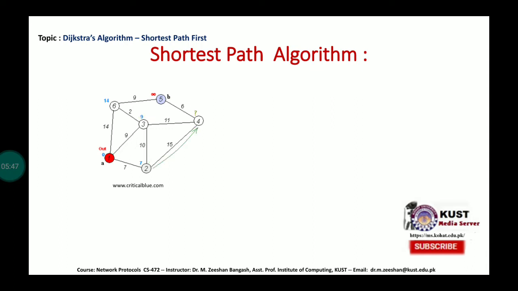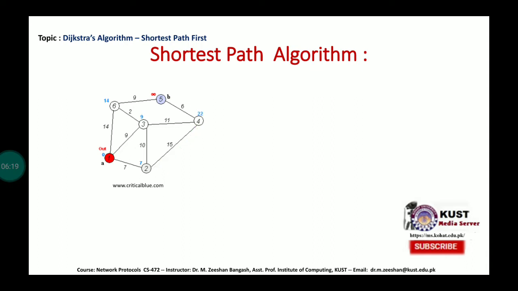So if we consider this diagram, the nodes are represented as cities that are interconnected to each other, and the value on this graph shows the distance in kilometers, or of some unit between different cities.